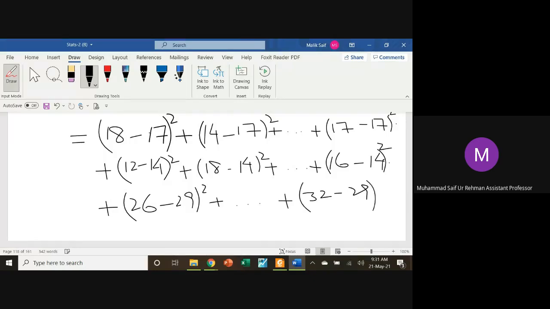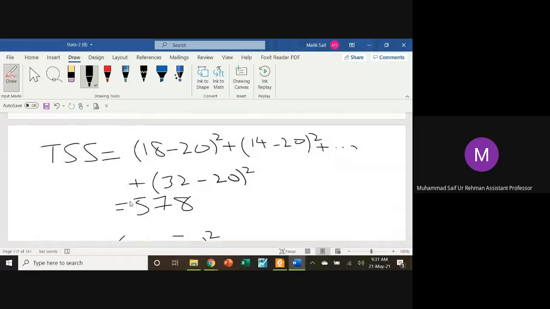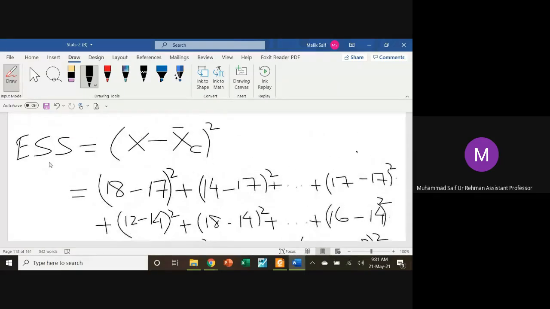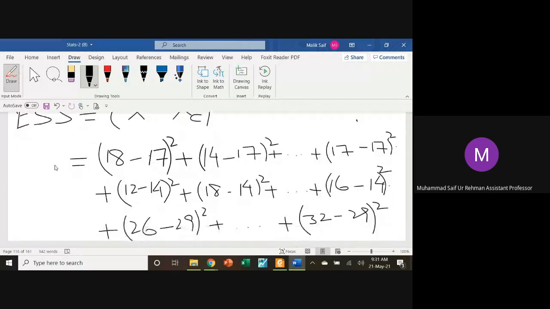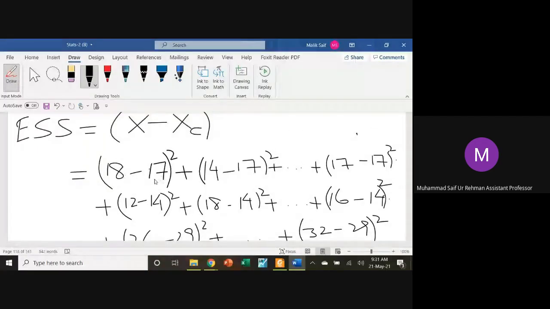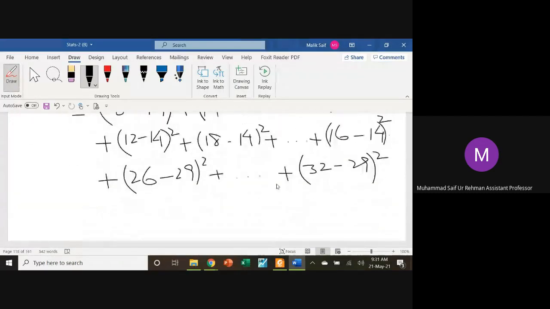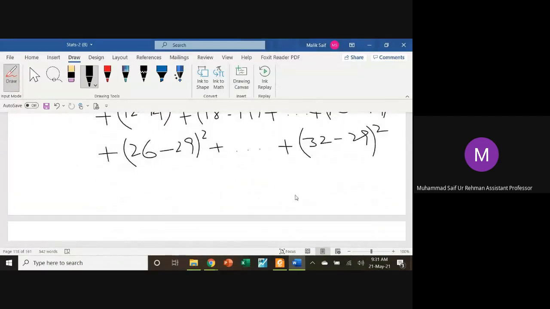So you can see, when I was interested in finding out the total variation, I simply subtracted 20 from all the values. And when I was interested in error sum of square or within sum of square, I subtracted the concerned average from each value of some particular column. So when you solve this, the answer will be 74.